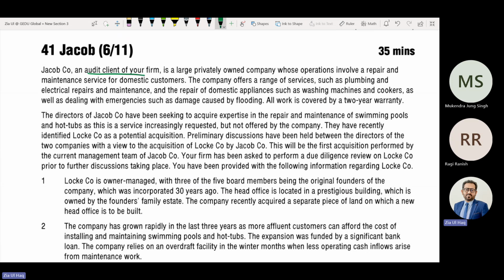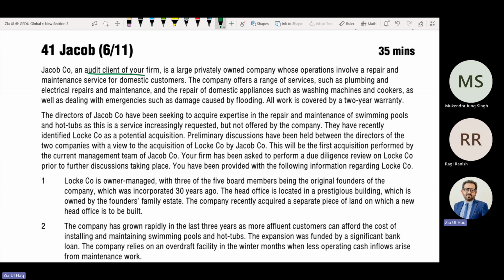Preliminary discussions have been held between the directors of the 2 companies with a view to the acquisition of Lockheed Company by Jacob Company. This will be the first acquisition performed by the current management team of Jacob Company. Your firm has been asked to perform a due diligence review on Lockheed Company. Prior to further discussion taking place, you have been provided with the following information regarding Lockheed Company.